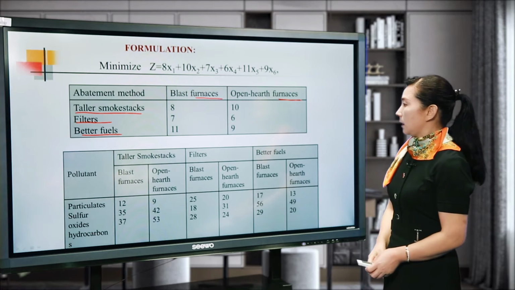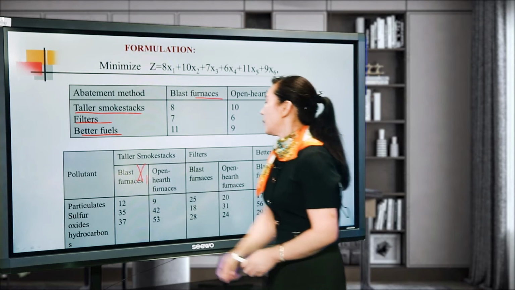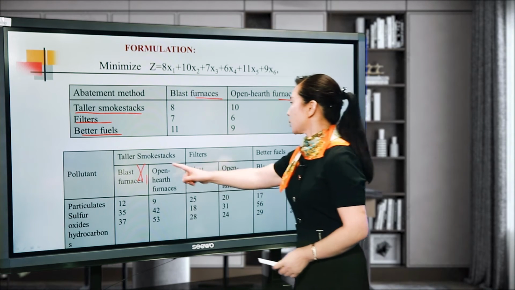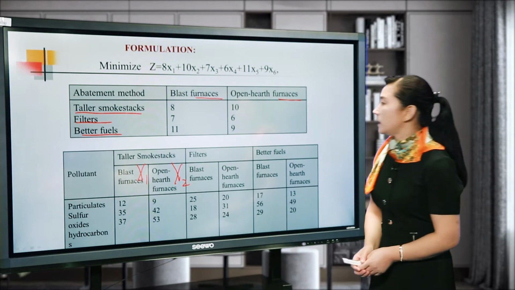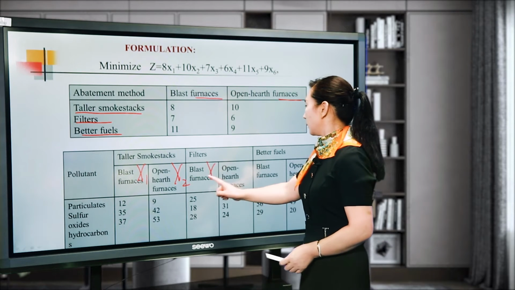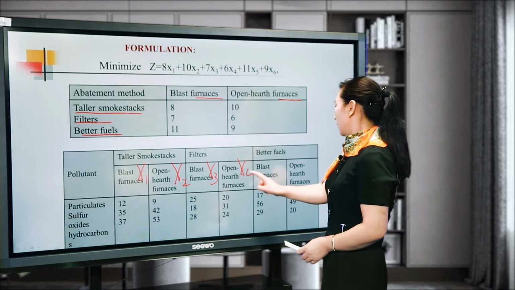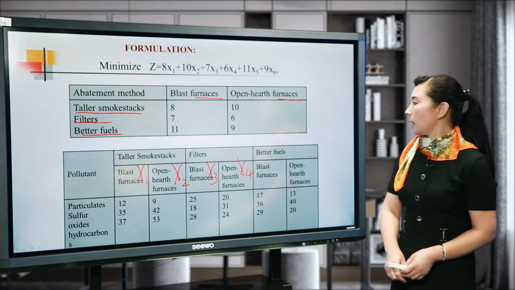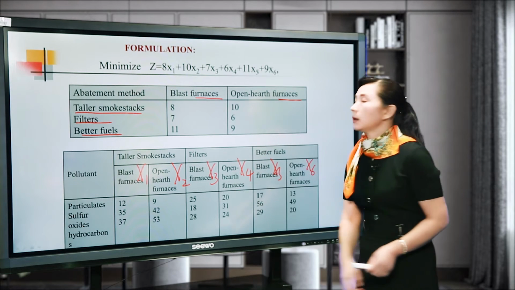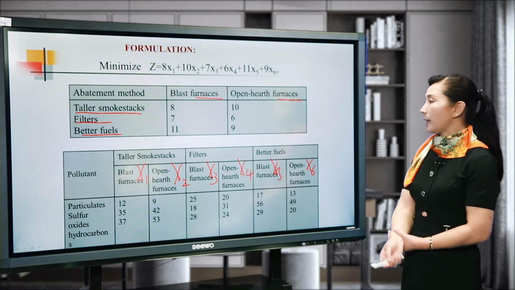So we set x1 means taller smokestacks used in the blast furnace. x2 means taller smokestacks used in the open hearth furnace. x3 means filters in the blast furnace. x4 means filters in the open hearth furnace. x5 and x6 are better fuels in the blast furnace or open hearth furnace.